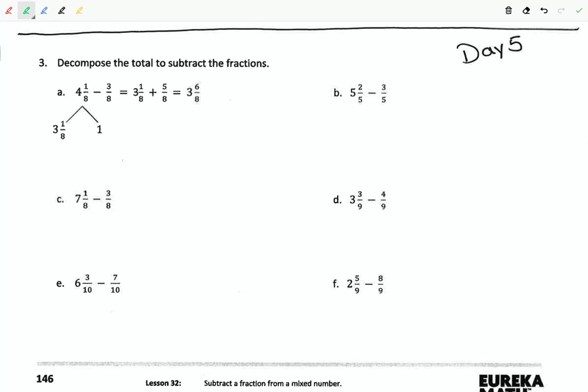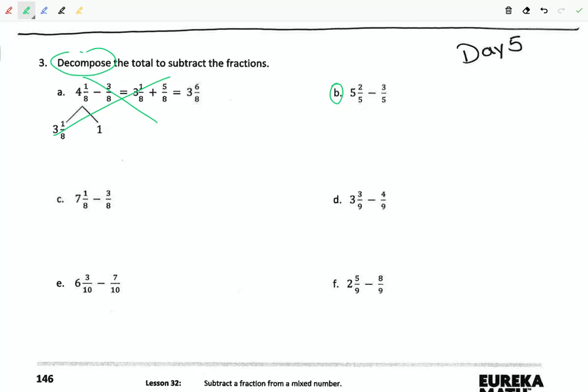Okay, so this one right here, 3a, I don't want you to look at it because that's not how we did it in class. Number 3 says decompose the total to subtract the fractions. When we decompose the total, that's when we use a number bond. For example, look at 3b. We have 5 and 2/5 minus 3/5.